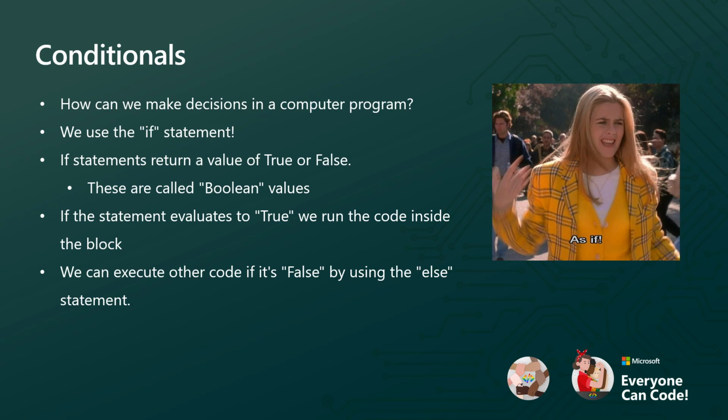Now, if the statement evaluates to true, we run the code inside the block. So, for example, if coin is heads, we will say you win. Or we can execute other code if it's false by using the else statement. If the coin value is heads, print you win, else print you lose.